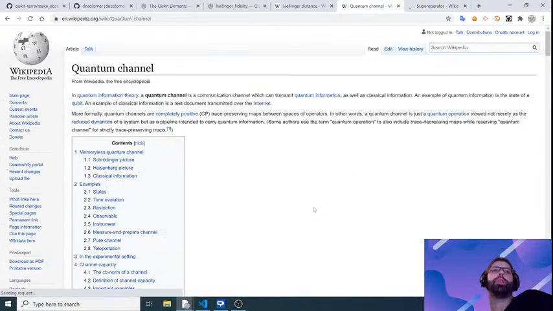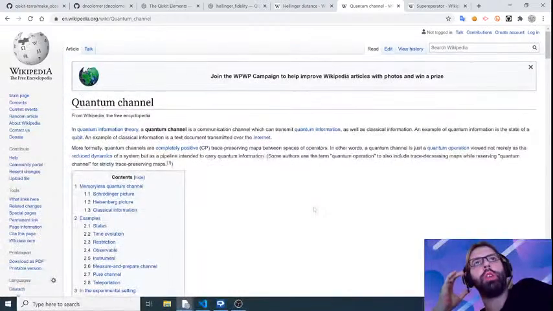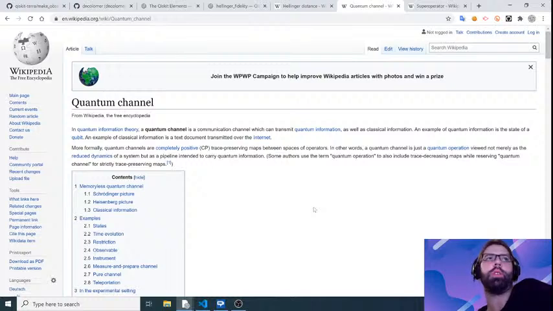In quantum information theory, a quantum channel is a communication channel which can transmit quantum information as well as classical information. An example of quantum information is the state of a qubit. An example of classical is a text document transmitted over the internet. Okay, more formally, quantum channels are completely positive trace-preserving maps between spaces of operators.